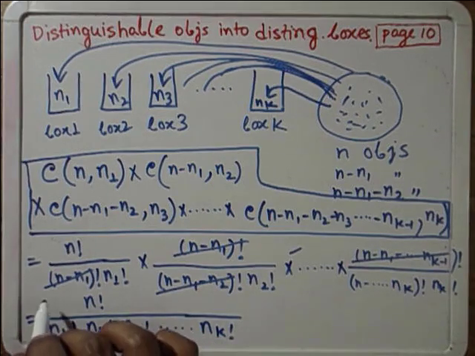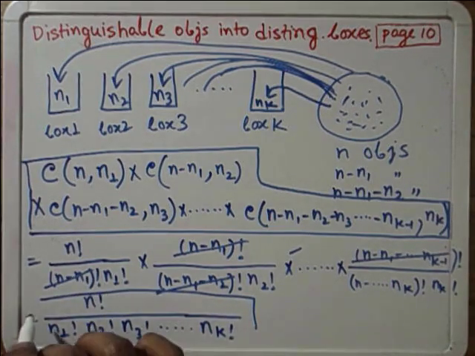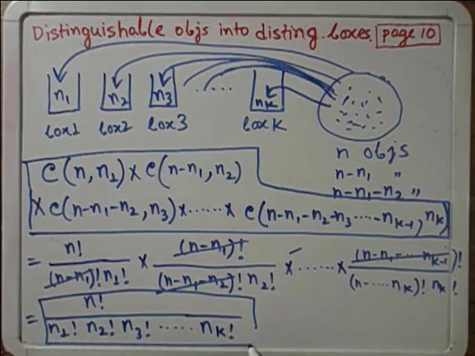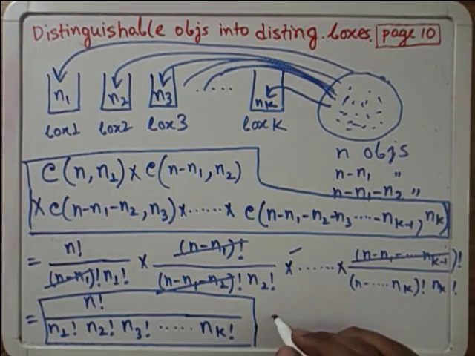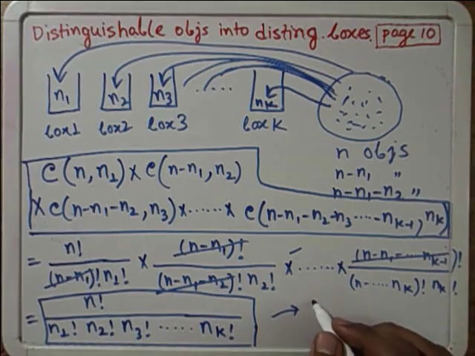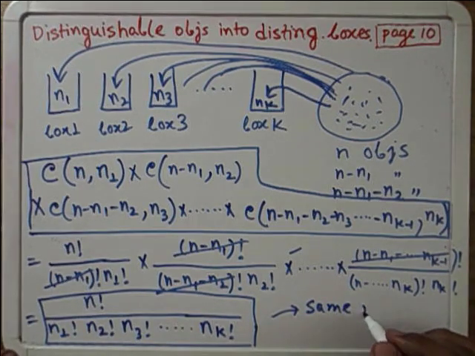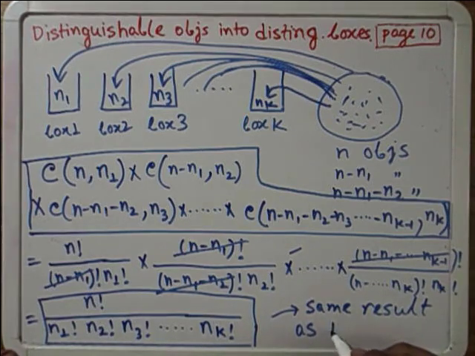So the final answer is actually much simpler: n factorial over n1 factorial, n2 factorial, n3 factorial up to nk factorial. The same result as theorem 4.